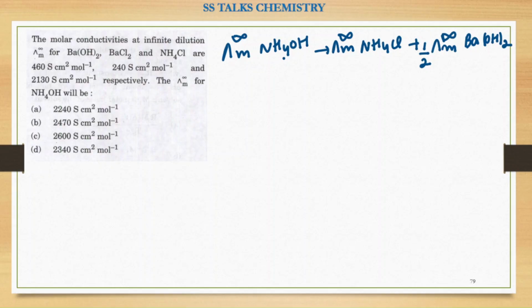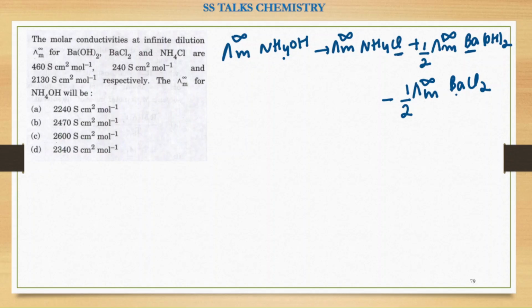Now the additional ions that are coming are barium and Cl. Half of the barium is coming and one chloride ion is coming. So that means lambda m at infinity for barium chloride, divide this with the factor of 2, and this is going to be subtracted from that, because half of the barium and one chloride ion will be subtracted from this. So just substitute the values now.